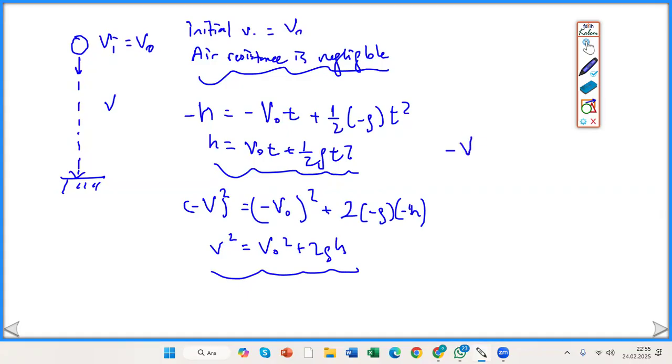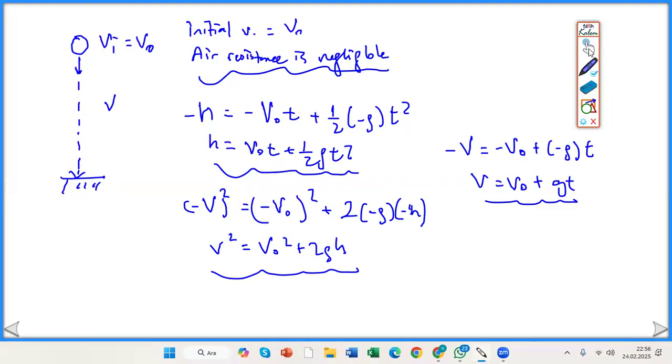And also minus v is minus v0 plus minus g times t. In other words, v is v0 plus gt. This is our another formula for that motion. These are all vertical motions.